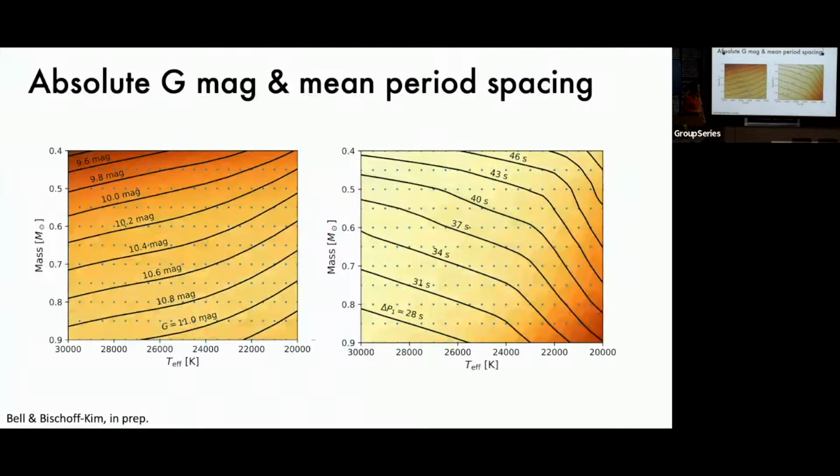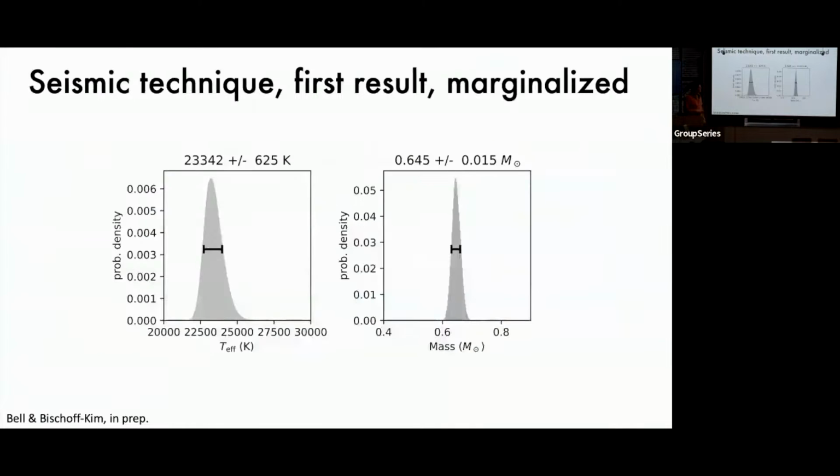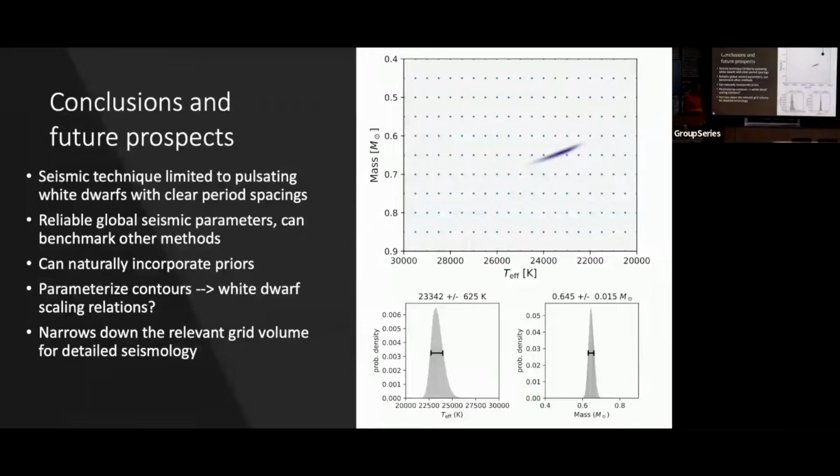This is a very low dimensional representation of a very high dimensional model grid, so you don't need to download all this huge set of models to use. And it narrows down the grid volume considerably to where you may be able to then, within this region, calculate a much finer grid of models to get a good fit that agrees with the measured individual pulsation periods to resolve the structure of the star.